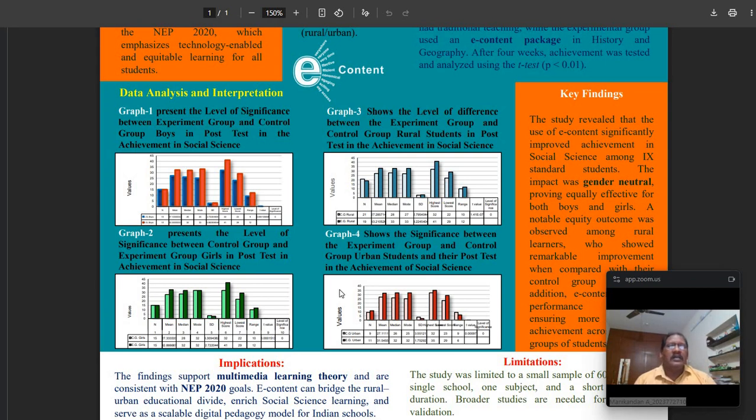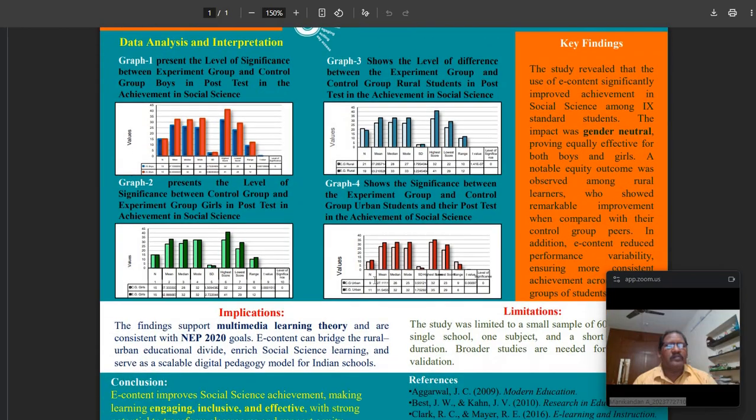Findings: the study revealed that the use of e-content significantly improved achievement in social science among 9th standard students. The impact was gender neutral, proving equally effective for boys and girls.